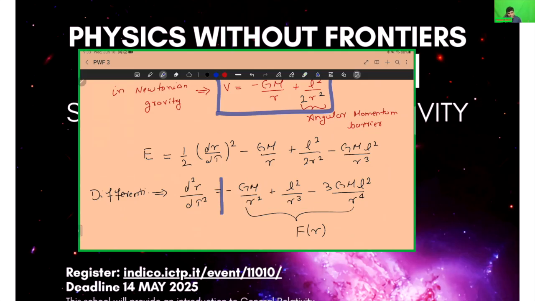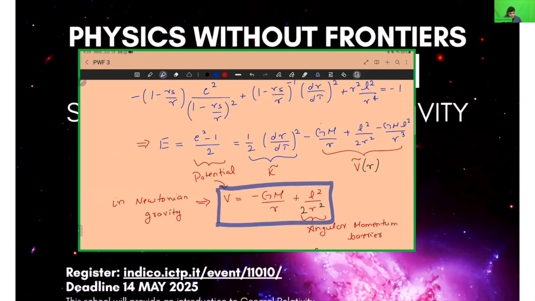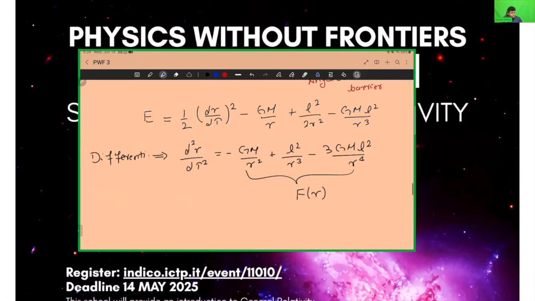But in Schwarzschild geometry, you get this. And if you take the negative of that, you will get negative 3GML squared over r to the power 4. So that's how you get it. Okay. Anyway, let's move on.